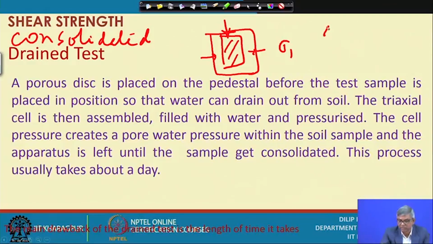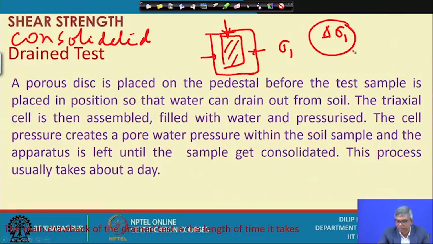Suppose delta sigma 1 is applied; under that, whatever pore pressure develops has to be dissipated. So, we have to give some time. Immediately after applying this additional axial load, you see what pore pressure has developed, and you observe when the pore pressure becomes 0, and only then you take the reading. That is the way we do this test.